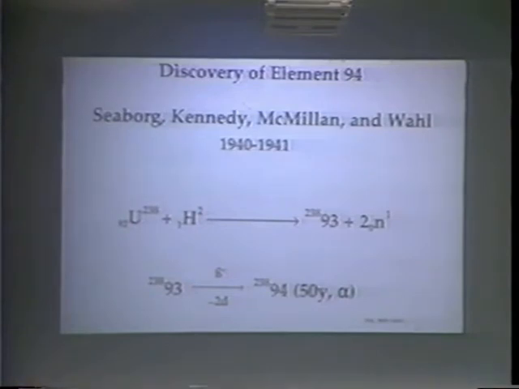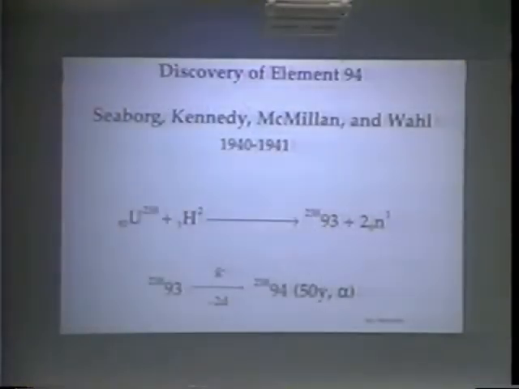McMillan had started a different approach to try to find another isotope of element 93 that, when it decayed, would give a detectable alpha radiation in the daughter. We bombarded uranium with deuterons, the first bombardment on December 14th, 1940, and we found another isotope, 93-238, which, when it decayed, led to a detectable amount of alpha radioactivity.